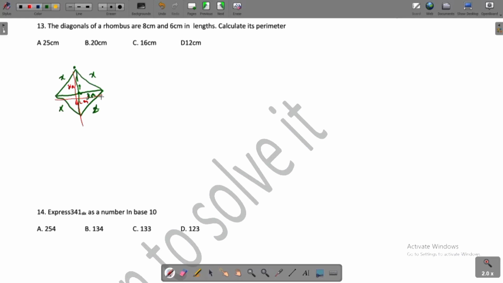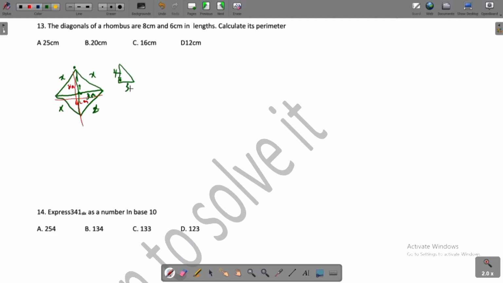Now to get this, we can actually draw this out like this, so that we can see it clearly. So this is 4 and this one is 3. You can see we actually have a right angle triangle, because obviously this is 90 degrees.